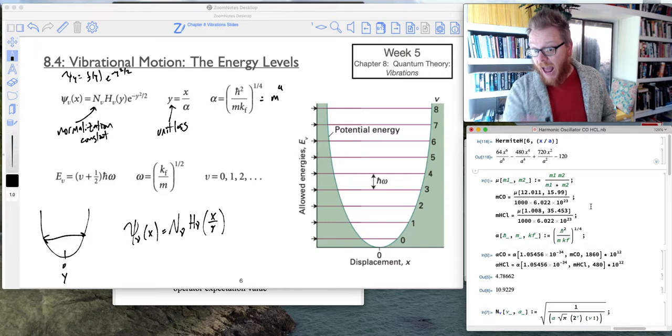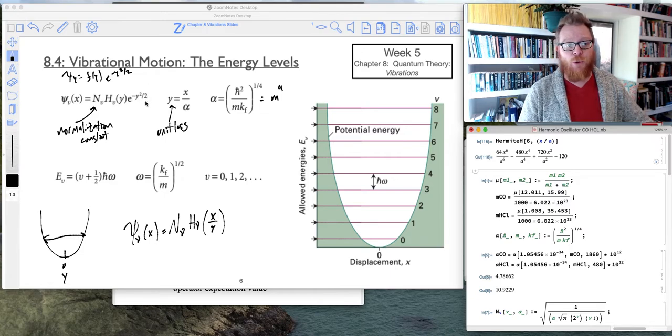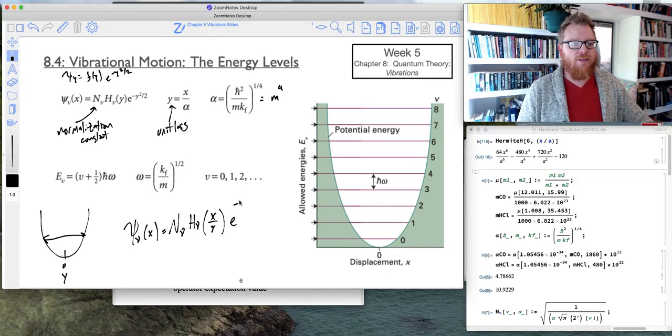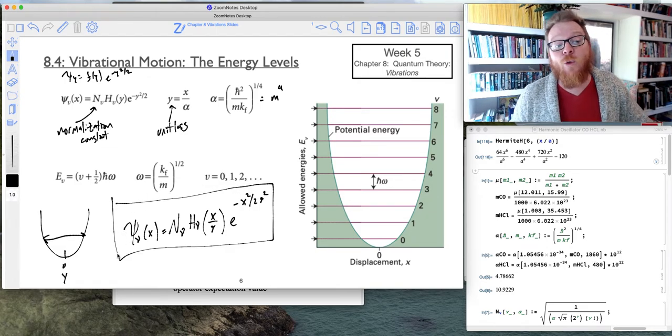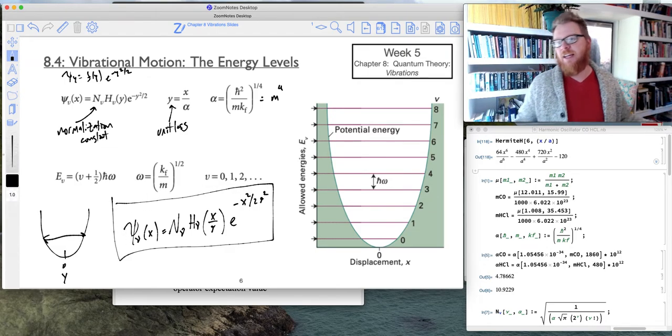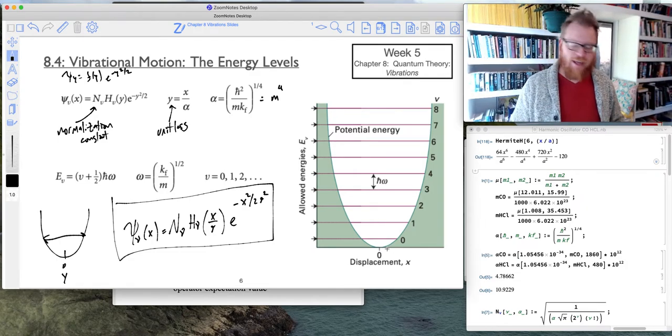And yeah, I would have to do that in my polynomial because that's going to help me properly take into account all those units that we dropped out, okay? And then also, this is no longer going to be an e to the negative y squared divided by 2. Rather, it's going to be an e to the negative x squared divided by 2 times alpha squared, all right? And now I can think of my wave function only in terms of x, which is convenient, since we always like to think of this scale as the x scale.